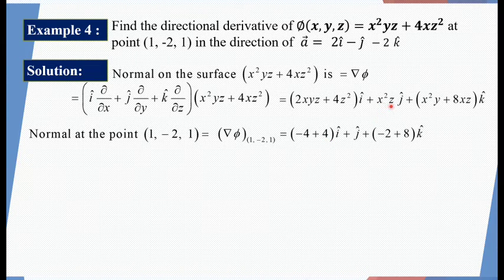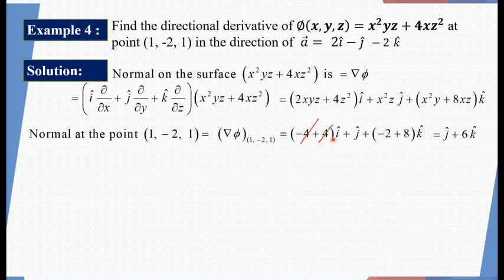For j, 1 square into 1 is 1. For k, 1 square into minus 2 is minus 2, and 8 into 1 into 1 is 8. So minus 4 plus 4 is cancelled out, both are cancelled, so it equals 0, and only j plus minus 2 plus 8 is 6, so j plus 6k remains. So this is the normal.